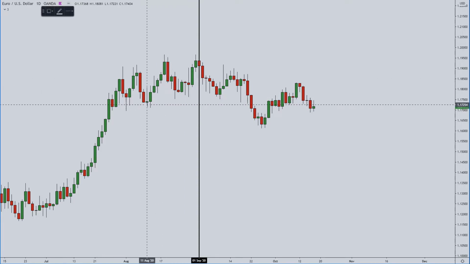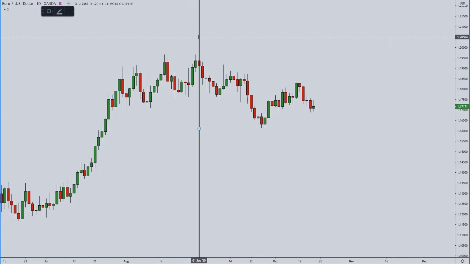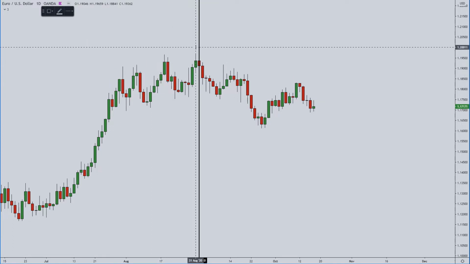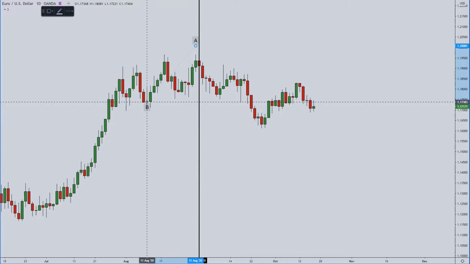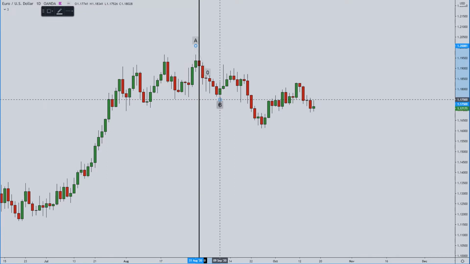So when we were in an up wave from A to B to C to D, we do the opposite now. We start at our peak high, that is our A. We go down to where we have our support broken, the first one was here. See that? That's our B.